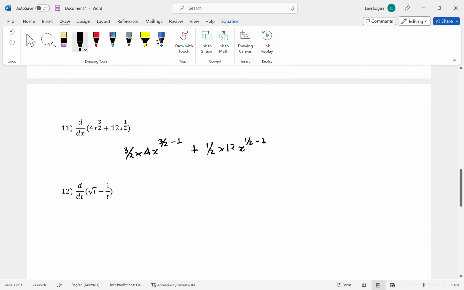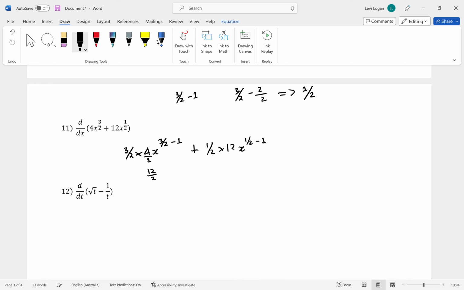Alright, simplifying 3 over 2 times 4. Think of that as 4 over 1. Multiply the top of the fraction and the bottom of the fraction, so you're going to have 12 over 2. 3 over 2 minus 1 is the same as 3 over 2 minus 2 over 2, so that's going to simplify to a half.